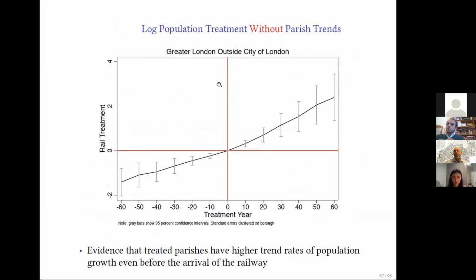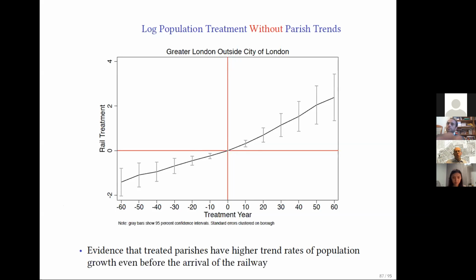Here's the event study. So time 0 is the year in which a place gets treated with a railway station. Positive years are years after the railway station. Negative years are years before the railway station. If you don't control for the fact that locations have different trend rates of population growth, irrespective of whether they get a railway station or not, you see what economists refer to as pre-trends, differences even before the event.